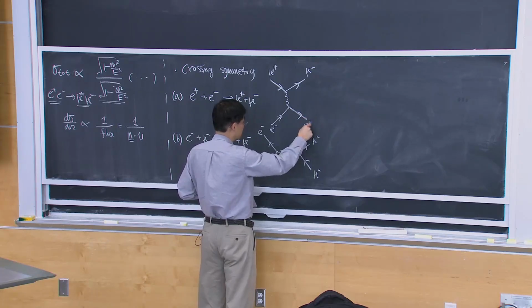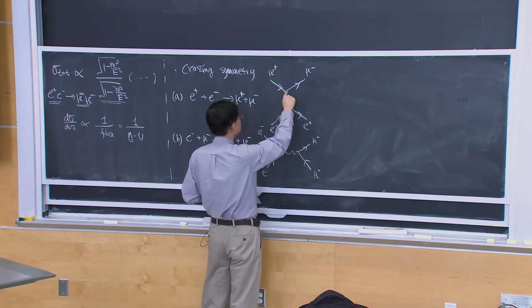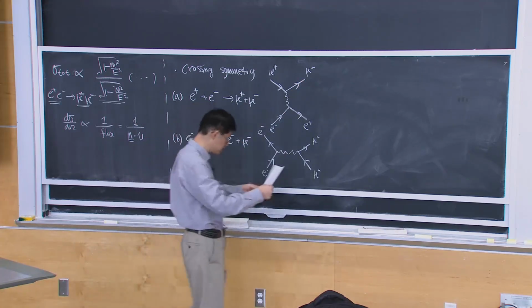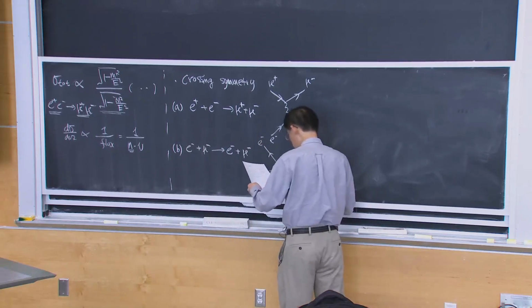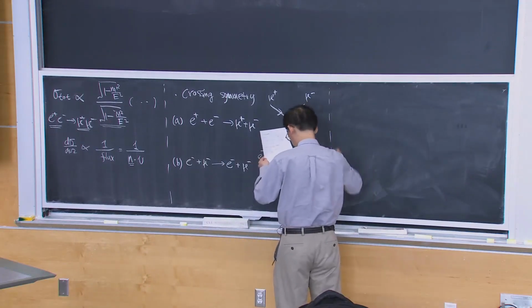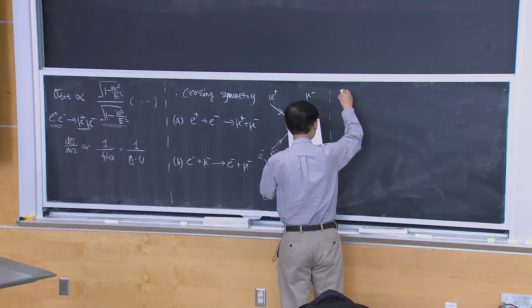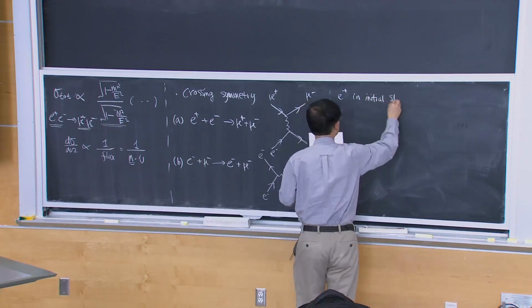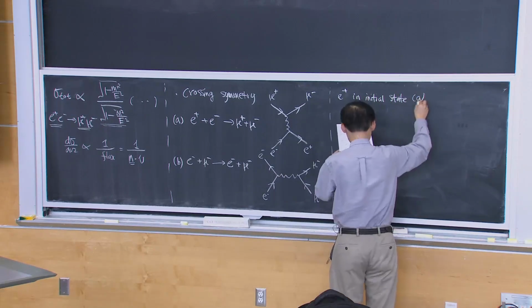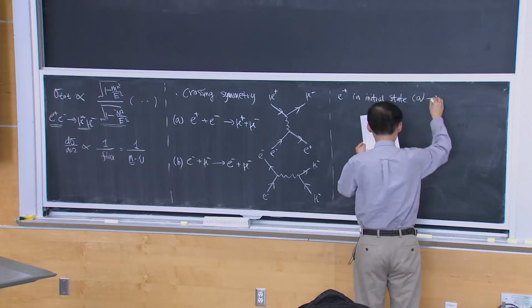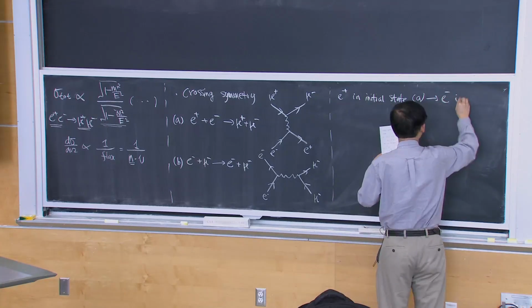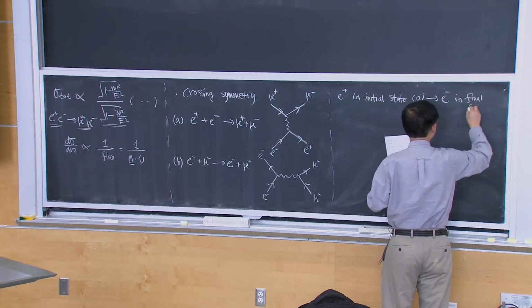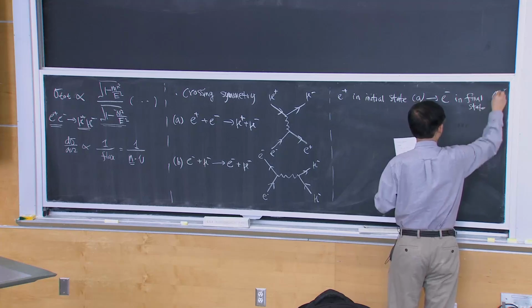The e+ in the initial state of A then goes to e- in the final state of B.